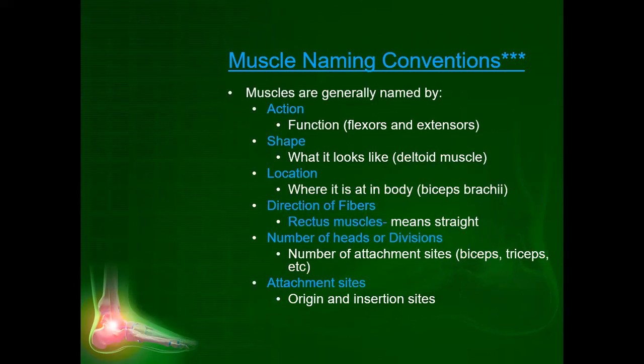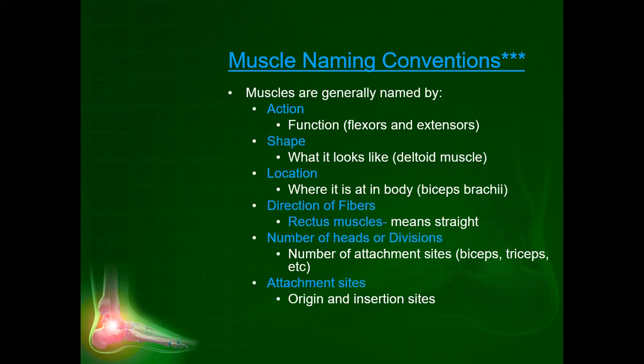So they seemingly have no rhyme or reason, but there is in fact a rhyme and a reason. So this is how we name our muscles, for a plethora of reasons. And our muscles could be named based on multiples of these.